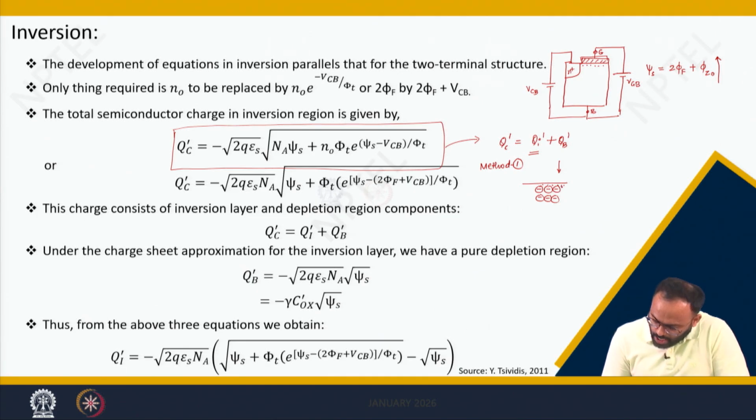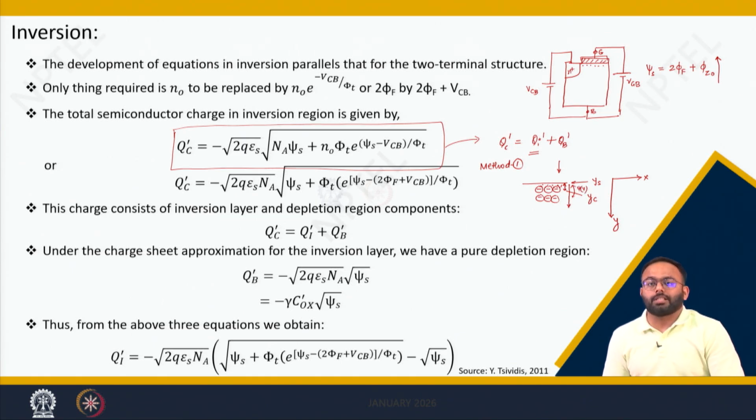This inversion charge increases, and let us consider this point is exactly ys, y surface, and below this point you have a point which is called yc. So if I consider this as y axis and this as x axis, along the y, when I am moving from y surface or ys towards yc and deep in the body, what will happen? This potential decreases. As the potential decreases, ultimately the charge decreases.